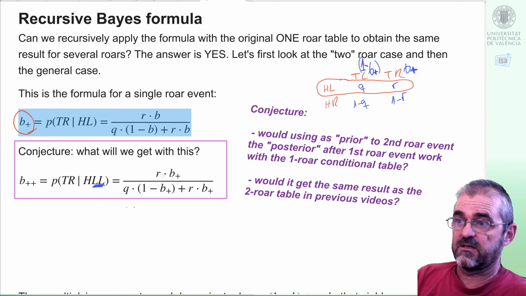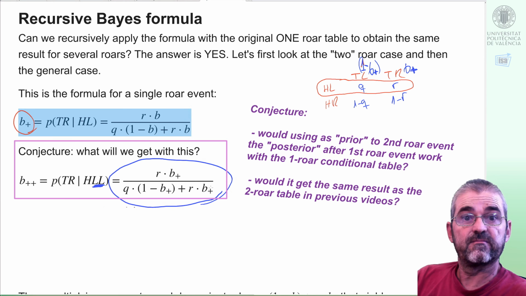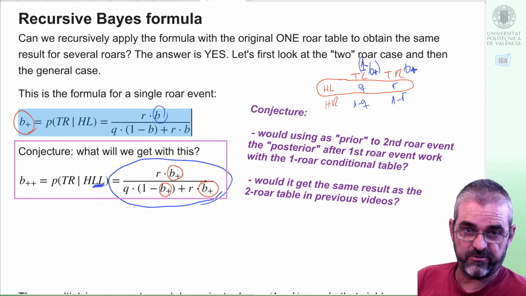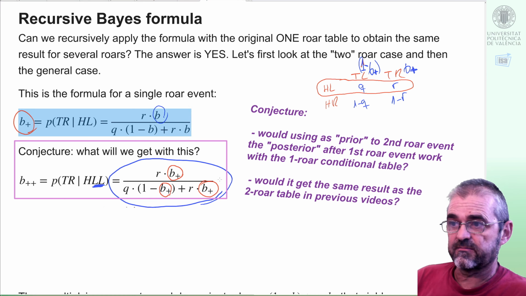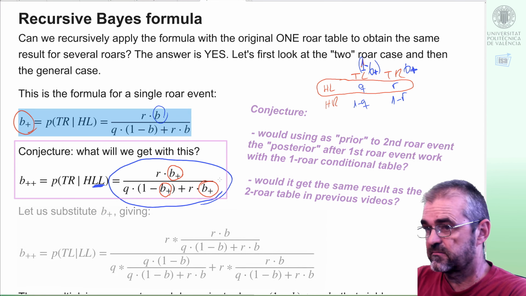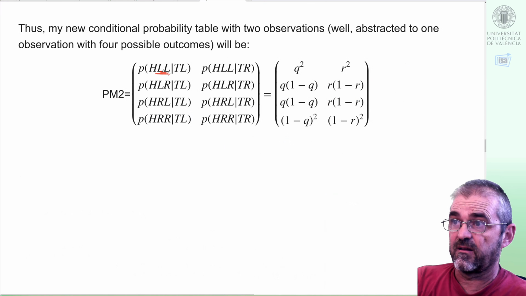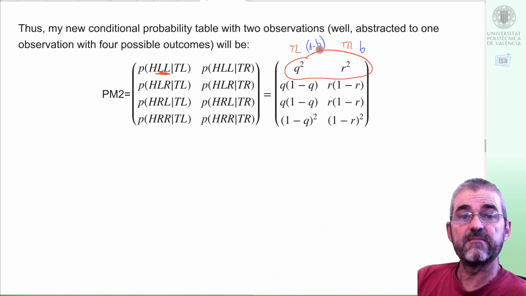Well, in this case, I will just apply the same Bayes formula, but replacing the prior before any roarings with the prior before two roarings but after the first roaring. So the issue is, will this give me the same posterior result to what I would obtain applying this two-roaring table with the left event and prior b, 1 minus b?